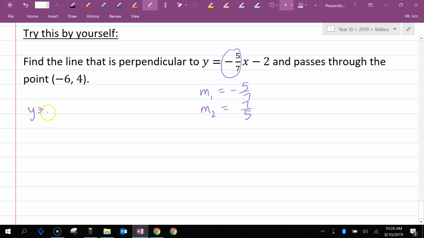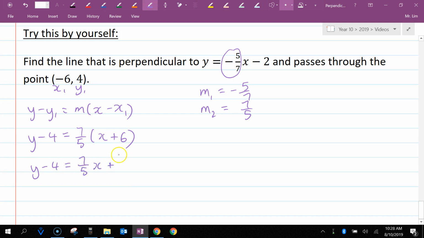So we have y minus y1 is equal to m bracket x minus x1. Label our point and substitute. y minus 4 is equal to 7 over 5, bracket x minus minus 6, which becomes plus 6. We'll expand the brackets. y minus 4 is equal to 7 over 5x plus 42 over 5.